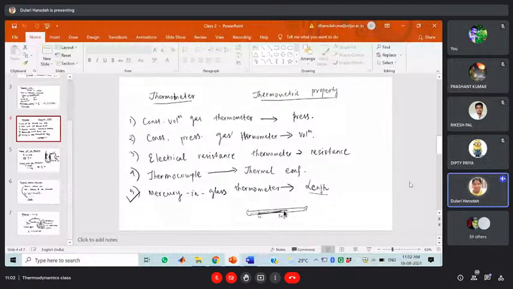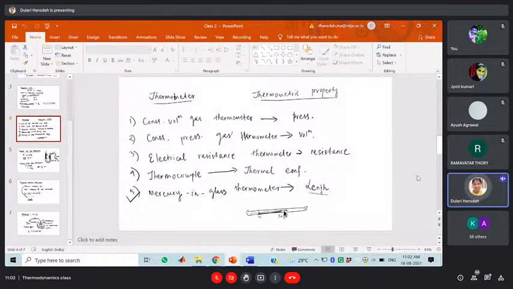So today we will discuss some important points of the last class. I think I have shown you this PPT also, and I have explained it in that class. So there is a thermometer and thermometric property.